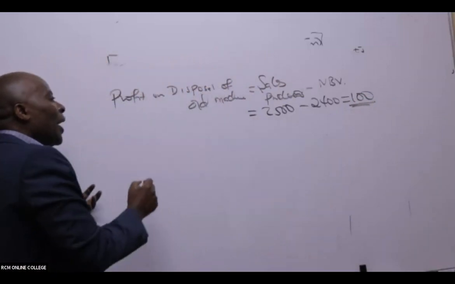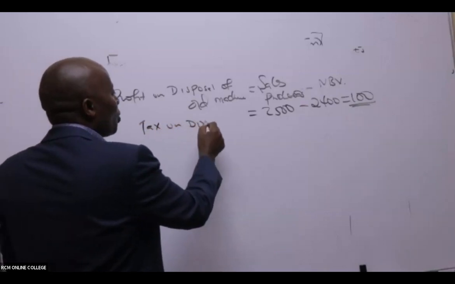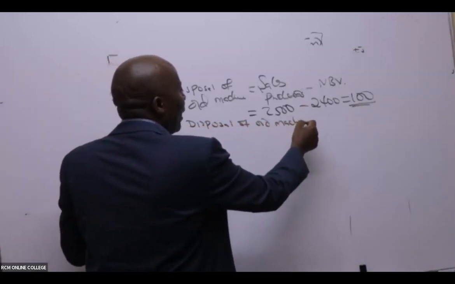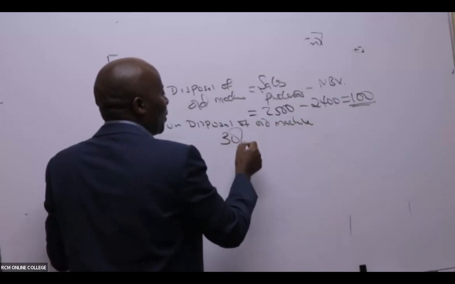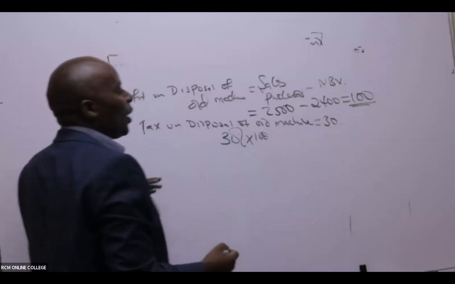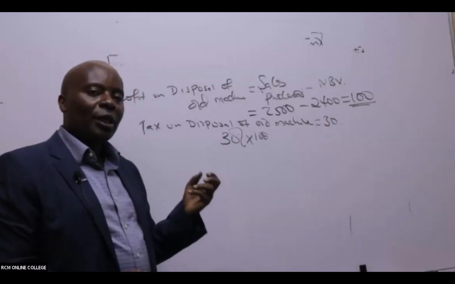So then go ahead and give me the tax on disposal of the old machine. This tax you must pay. So it will be 30% times 100, which gives me 30. And then Wayne is asking a very important question on installation.